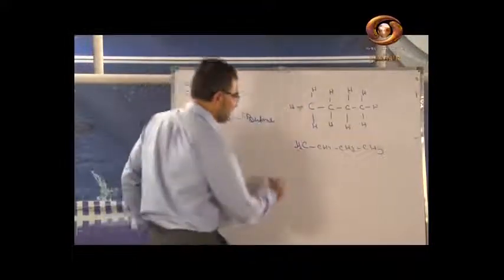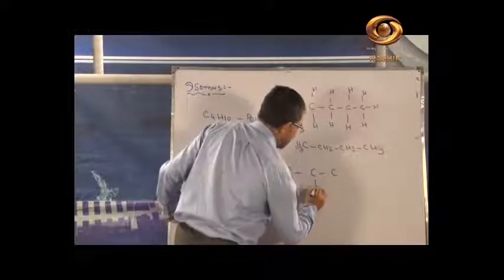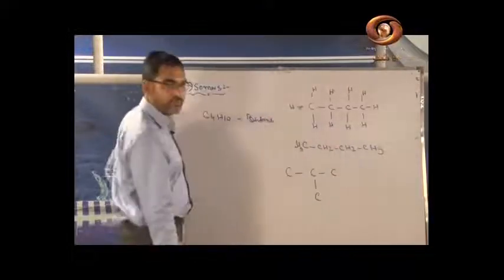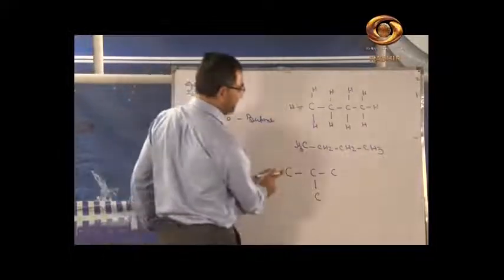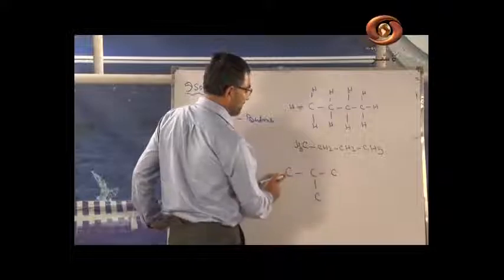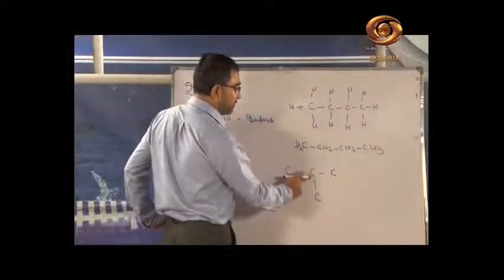Now look at this other compound: C, C and C, and here we have another C. In the longest chain we have 3 carbons, whichever way you count it, 1, 2, 3.